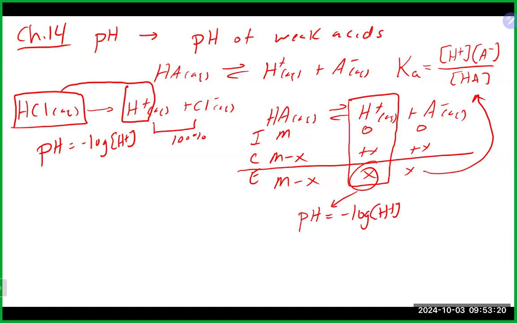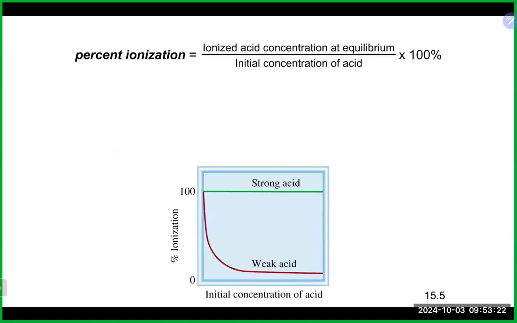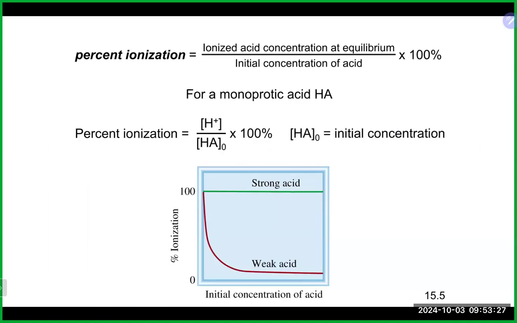Okay. All right, so we are continuing on to talk about another idea of acids, and that's what's referred to as percent ionization. Percent ionization is the ionized acid concentration divided by the initial acid concentration times 100%. So it's basically the H plus concentration divided by the initial concentration times 100%.